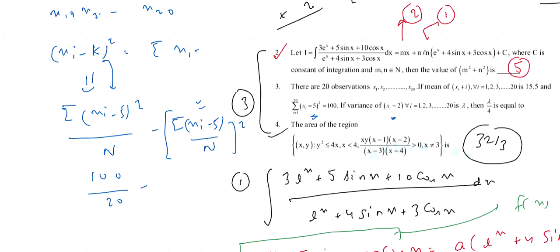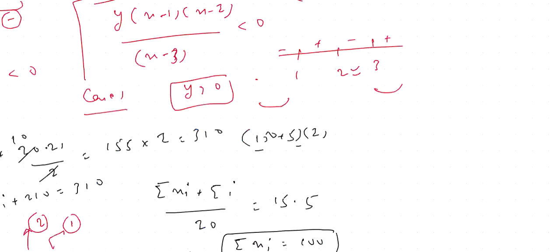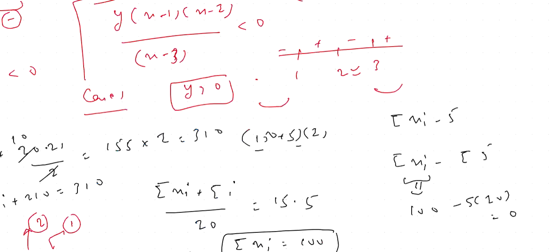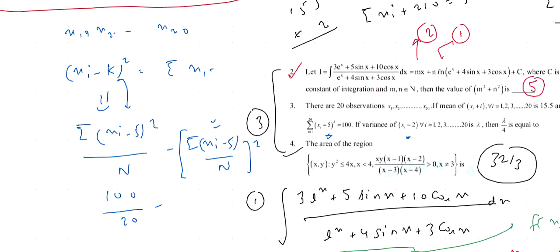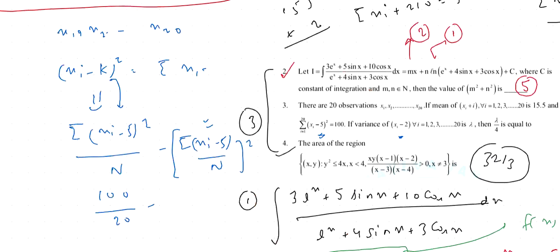यहाँ से देखिए, हमें xi माइनस 5 कैलकुलेट करना है, तो सिग्मा xi माइनस 5 कितना हो जाएगा? Sigma xi minus sigma 5, that is 20. So this value is basically 100, and this value will be 5 into 20. So this will be 0. Okay.